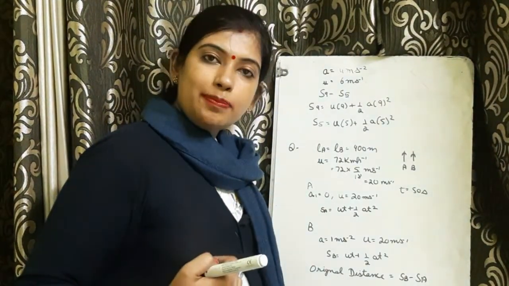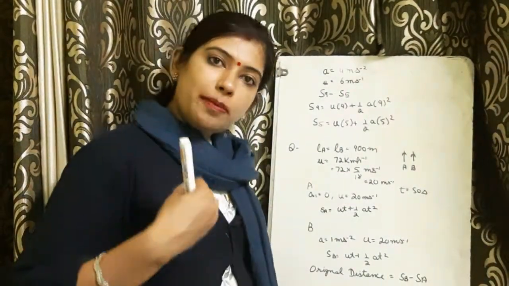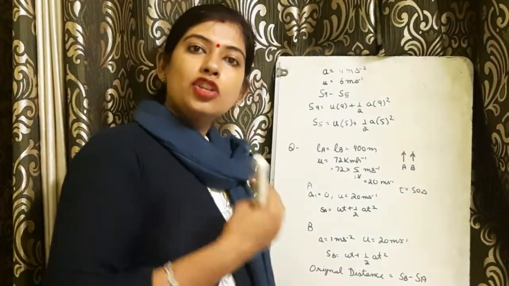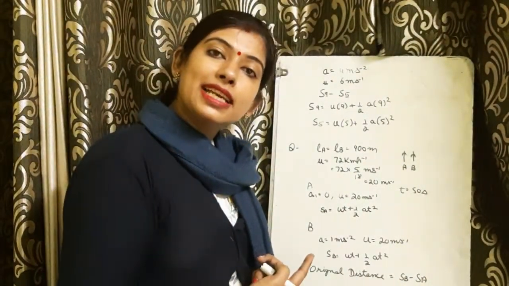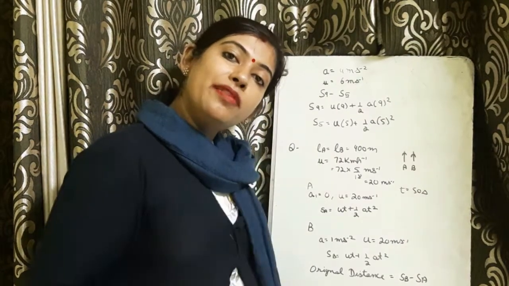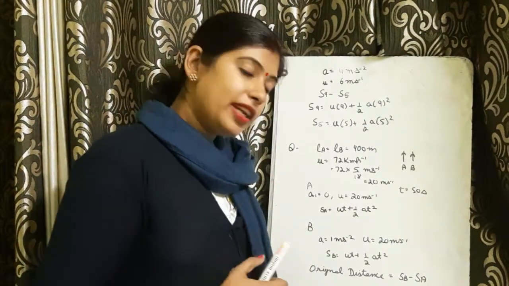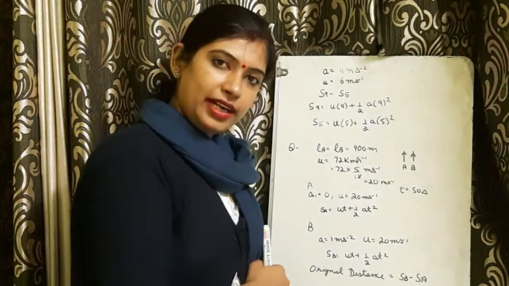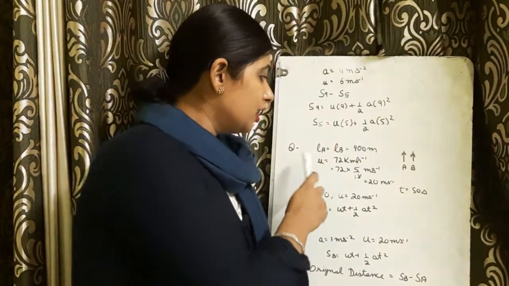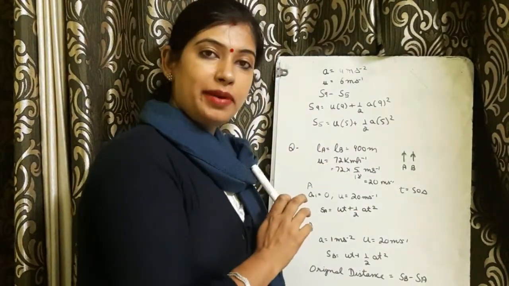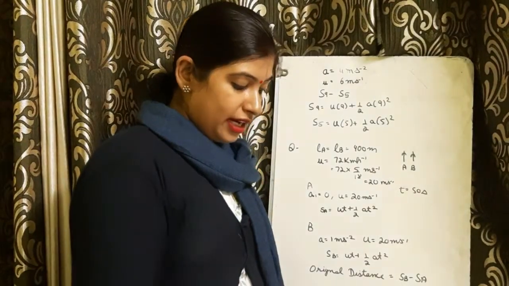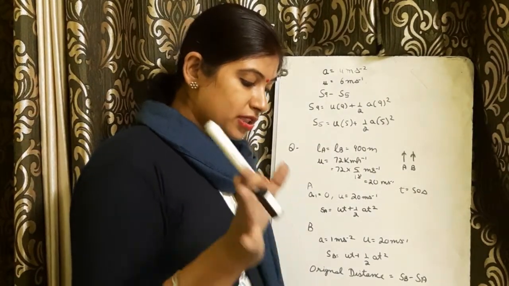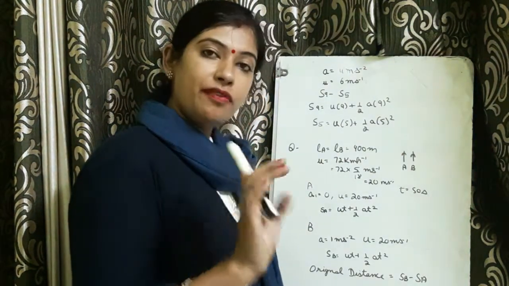When B overtook A, the distance traveled by both A and B will be equal to the length of the trains, that will be 400 meter. The length of A is 400 and the length of B is also 400, as given.